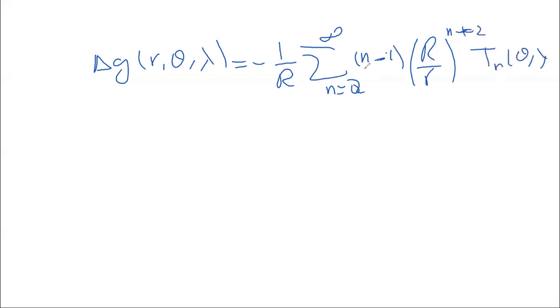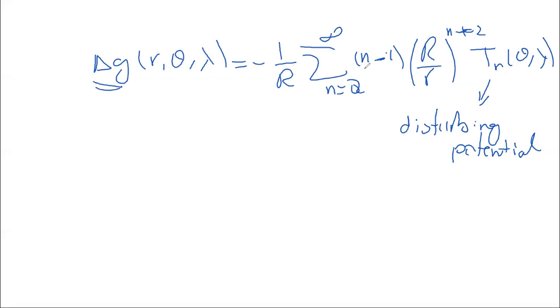Tn is the disturbing potential at sea level, and this is the gravity anomaly at r. This is the geocentric distance of any point outside the Earth's surface.